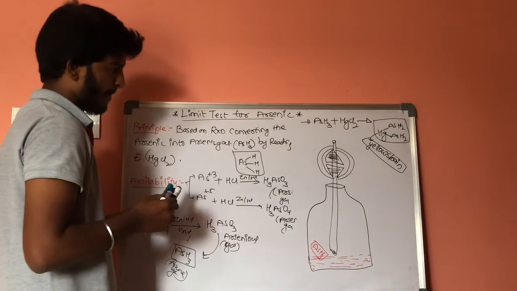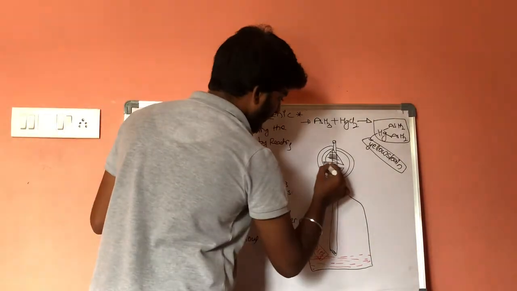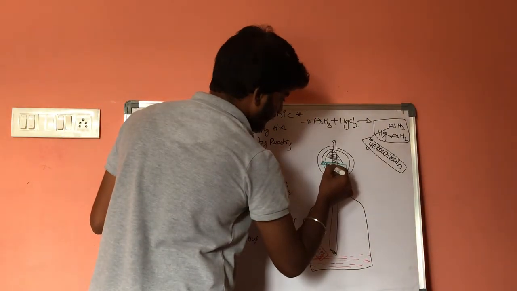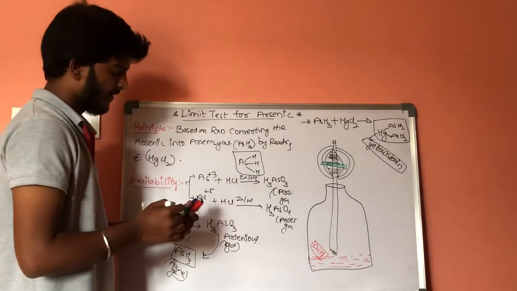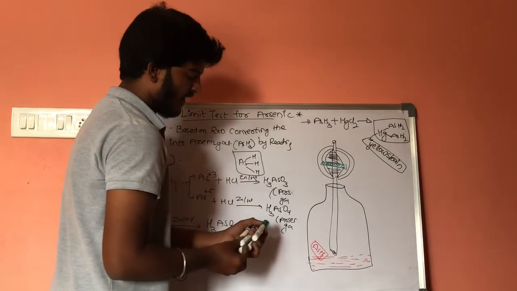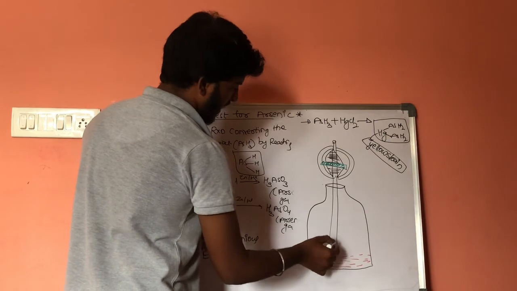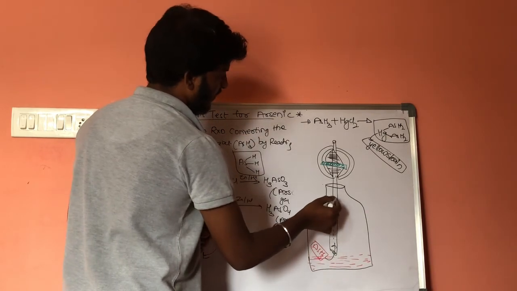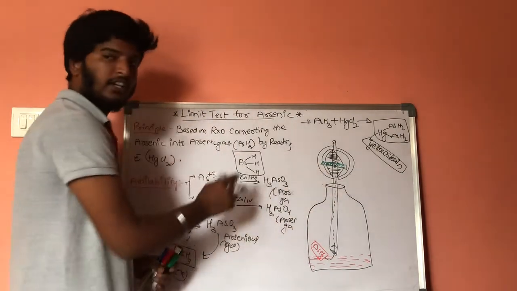Now at this surface it consists of mercuric chloride paper. This is a mercuric chloride paper. Now this arsine gas will enter into this tube, pass in this way, and reach this mercuric chloride paper.